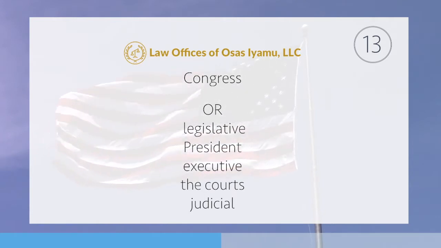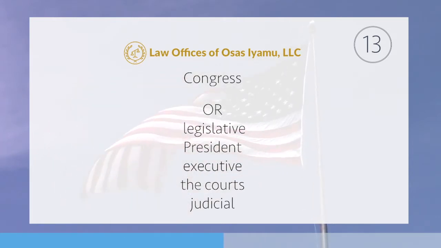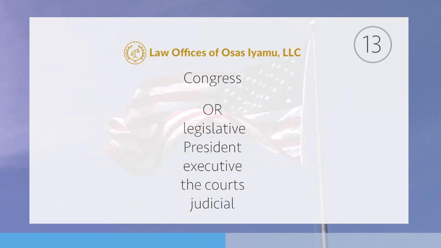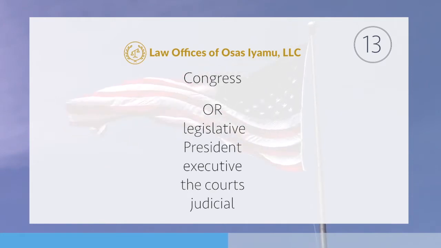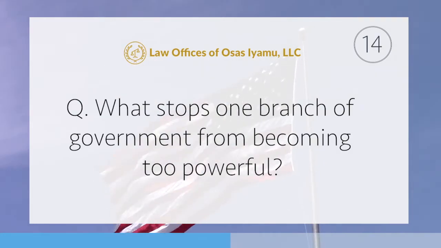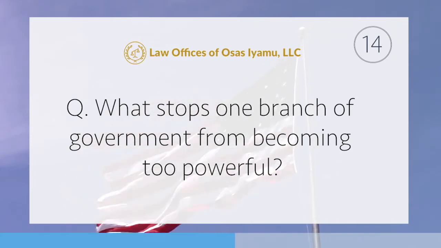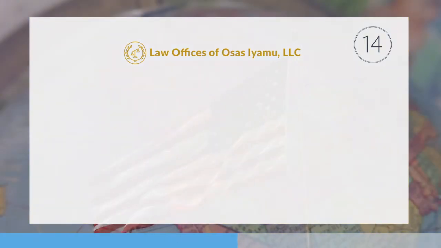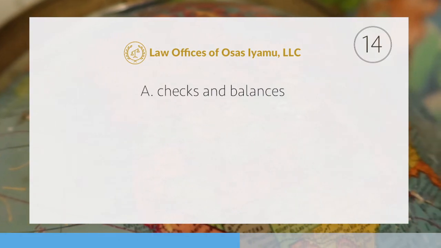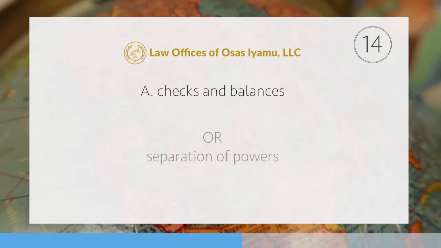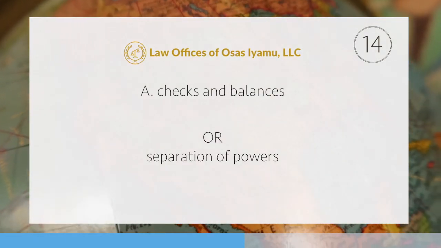Executive. The courts. Judicial. What stops one branch of government from becoming too powerful? Checks and balances. Separation of powers.